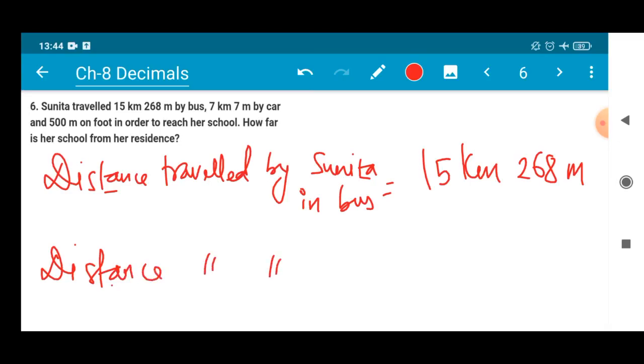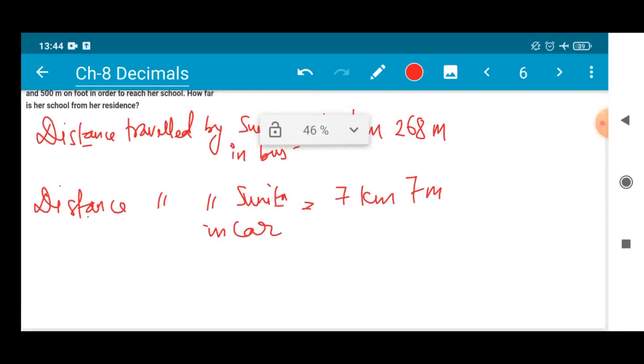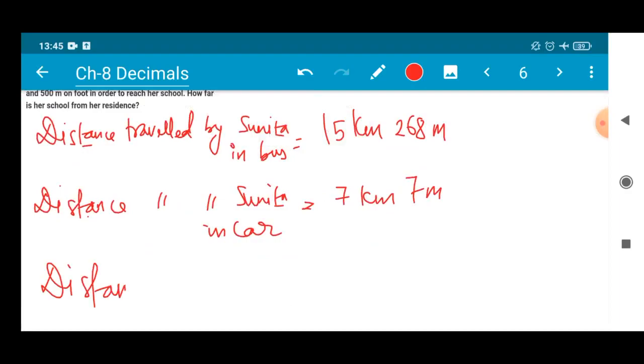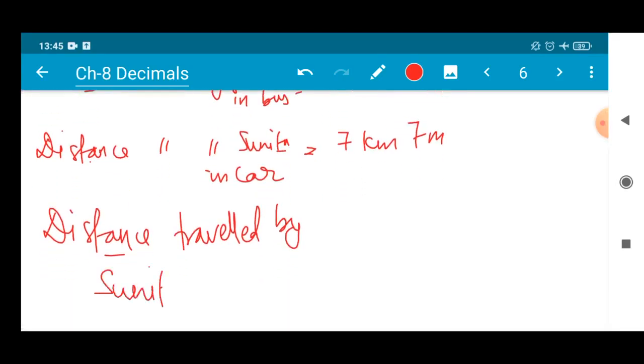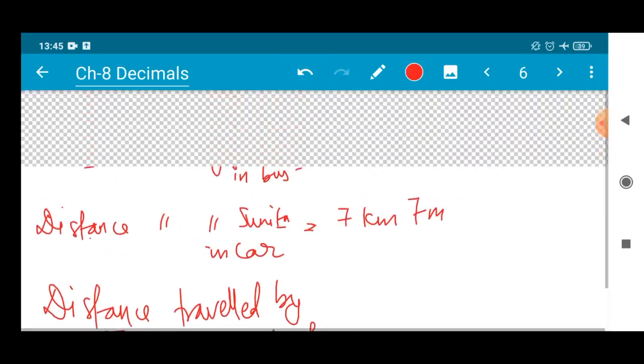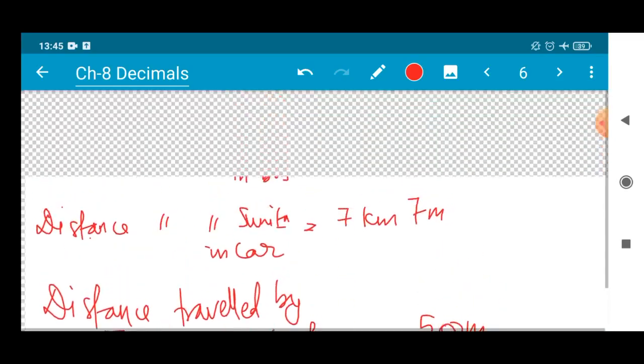So distance traveled by Sunita in car is equal to 7 kilometer 7 meter, isn't it? Now next, distance traveled by Sunita by foot is equal to how much? By foot is 500 meter. So 500 meter.